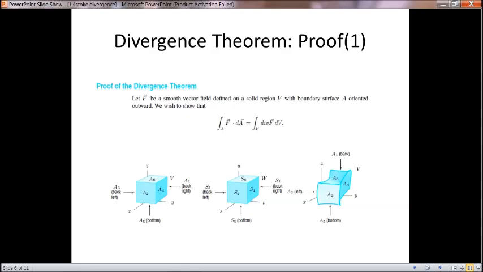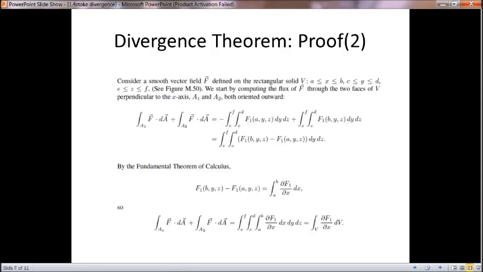Different axes means when from X we are seeing A2, A4, A6, like that, projected with respect to Y, projected with respect to Z. If we consider the X direction, this F vector is defined on a rectangular solid V, having the limit for X from A to B. A will be in the negative X direction, B in the positive X direction.